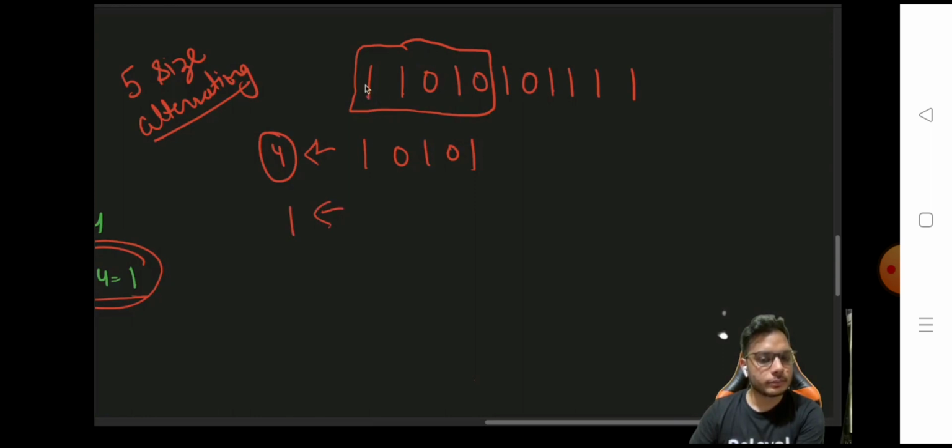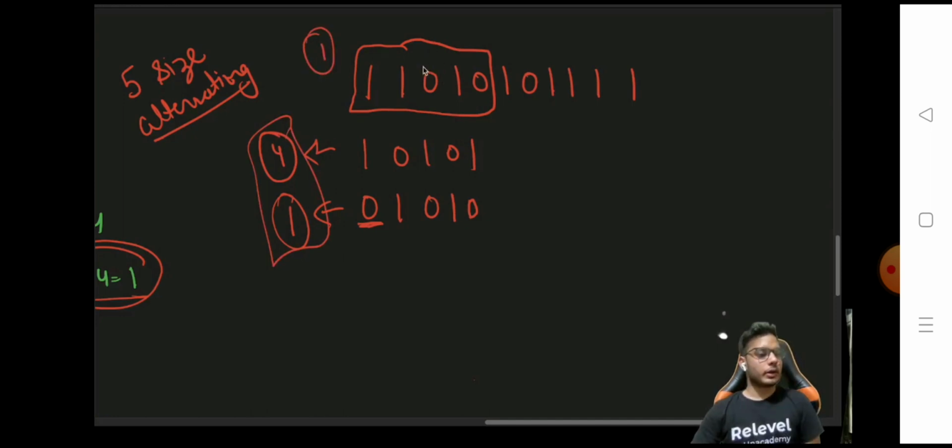Think about it. The other alternating string will be this, and since four are different in this case, only one will be different in the other case. So again, you can take the minimum of it. So I can say one flip is required to make this alternating.